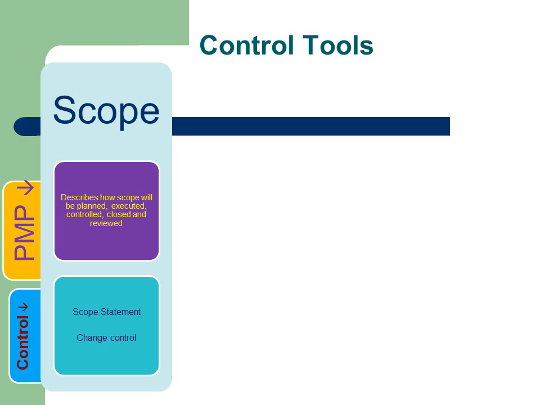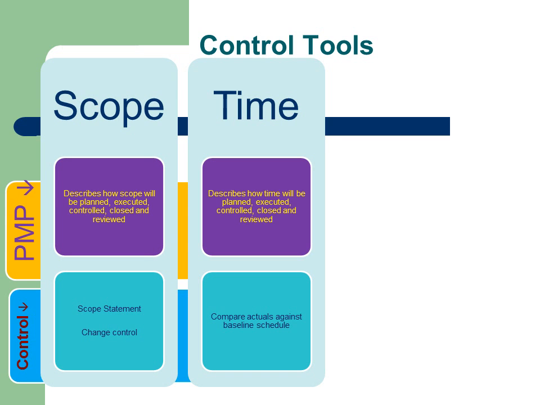The scope statement is the key baseline document for scope control. Time control. The PMP describes how the schedule will be updated and how progress will be reported. The dates in the baseline schedule must be compared against the actual and forecast dates for every activity in the project as it progresses.